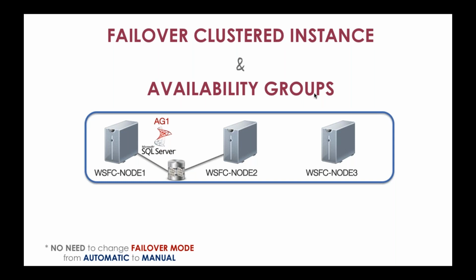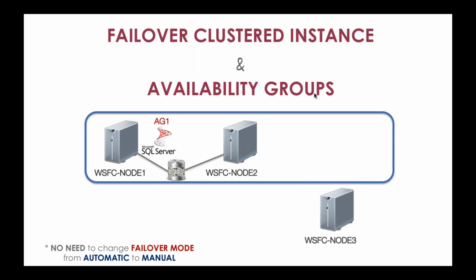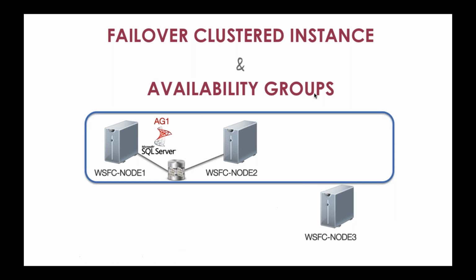And it doesn't matter whether it's synchronous or asynchronous, it will still be manual. So this is what I'm dealing with in terms of the availability group failover mode. So I go ahead and patch that or upgrade that to the version that I want to upgrade into. Run the upgrade process, and then I'm done. Okay.